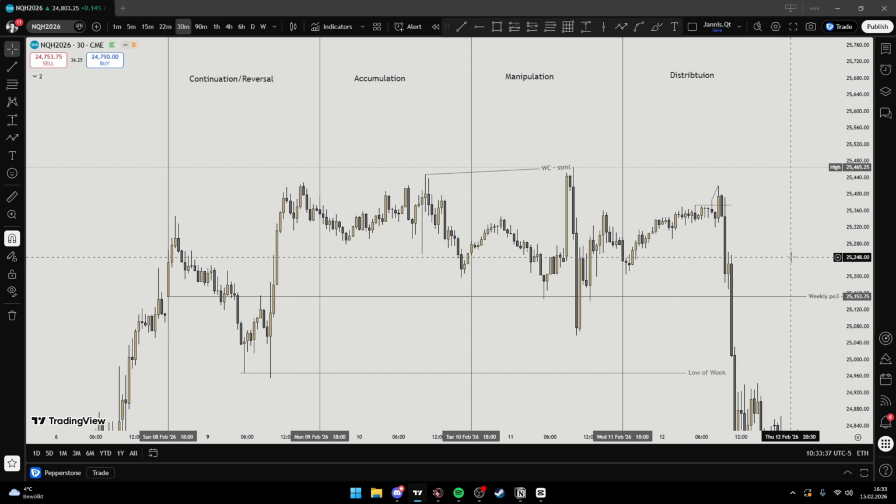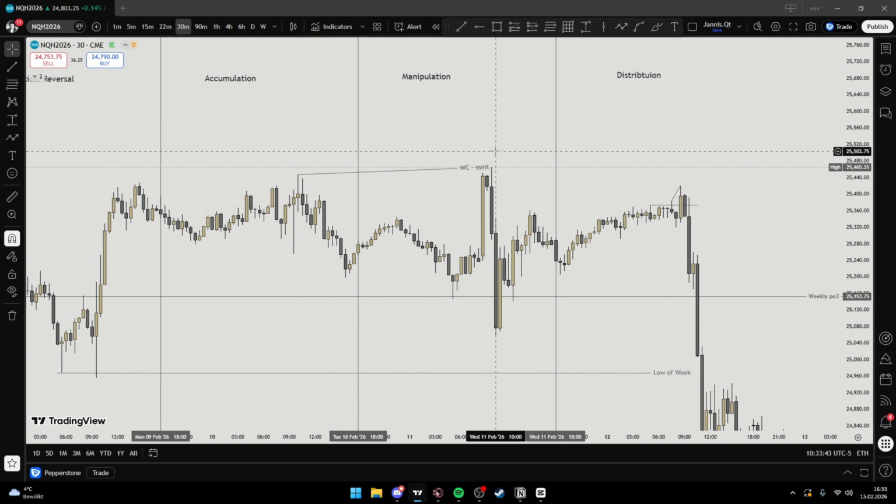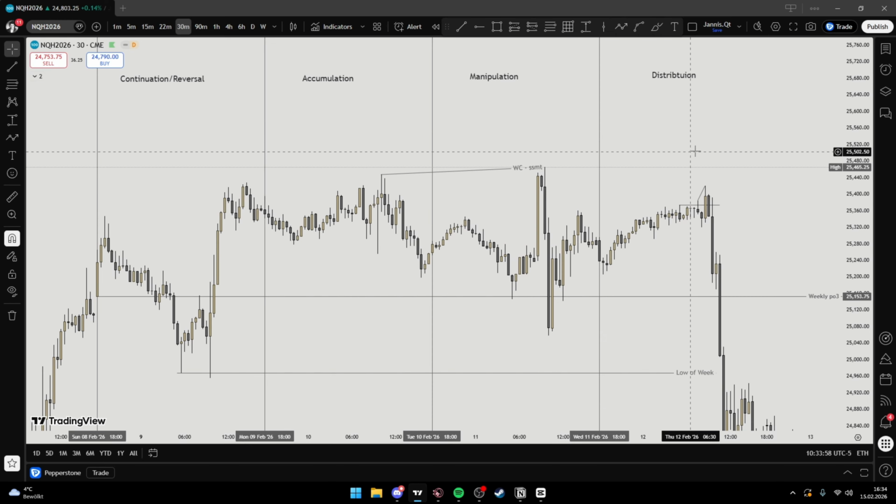Obviously higher. So we want a manipulation higher to then go lower. So on the 9:30 open, we were close to the high. Oh no, we already swept it. So we had the manipulation for the day to the previous day high. So we had the manipulation higher.